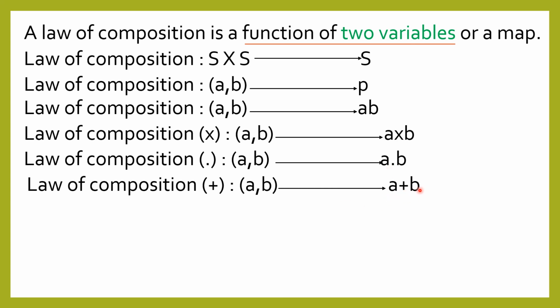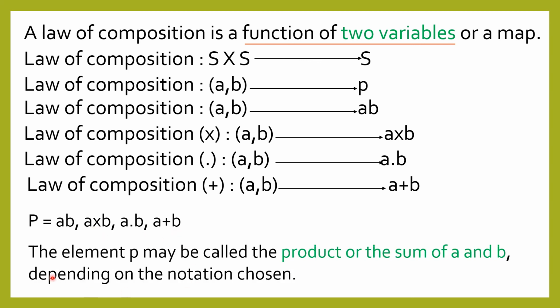Here A plus B is the notation as addition is the law of composition on the set S. This element P can be replaced by AB, A into B, A dot B, or A plus B. The element P may be called the product or the sum of A and B depending on the notation chosen.